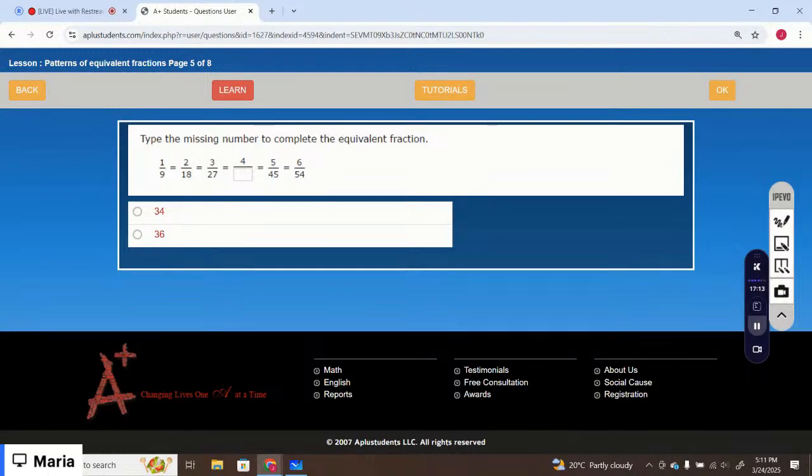Write the missing number to complete the equivalent fraction.